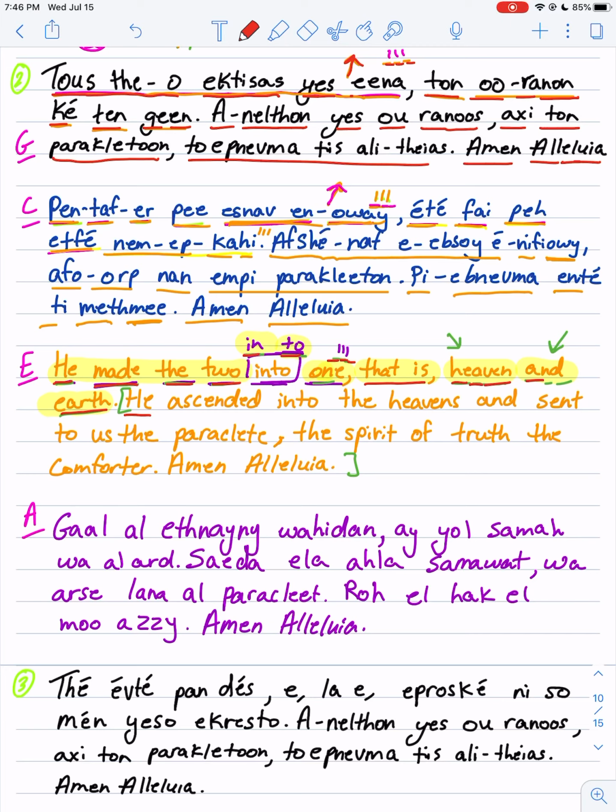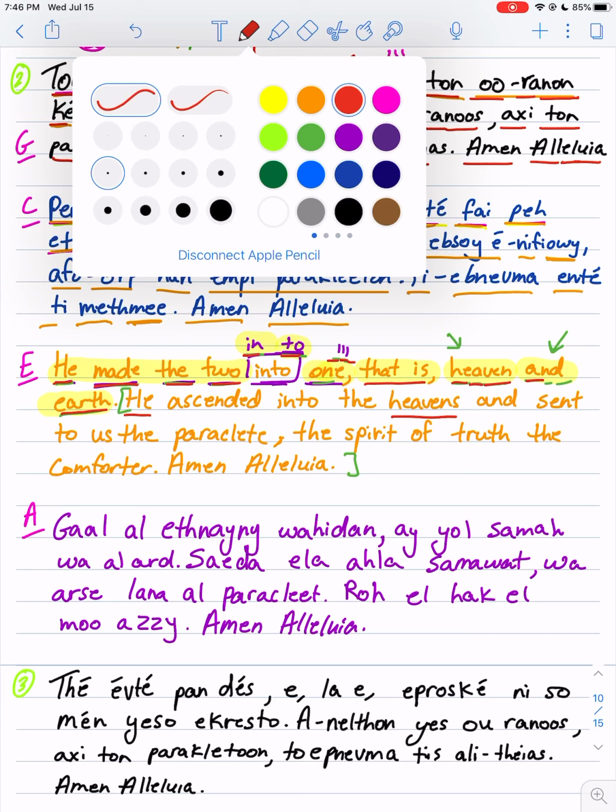He ascended into the heavens and sent to us the Paraclete, the Spirit of truth, the Comforter. Amen. Alleluia.